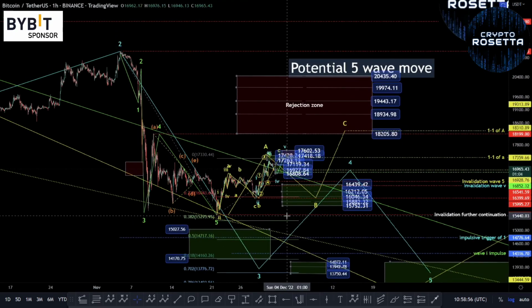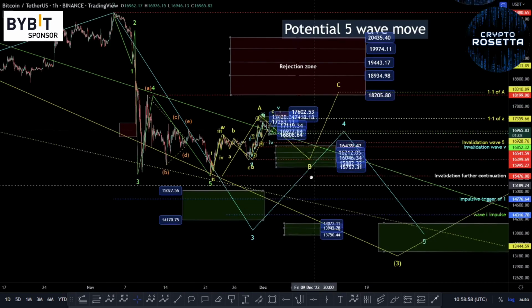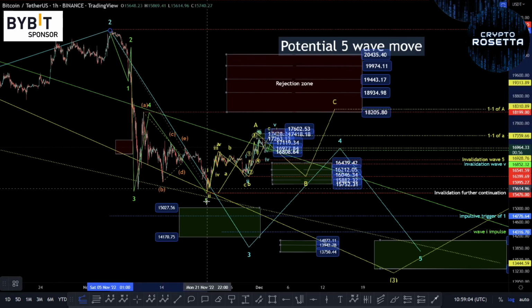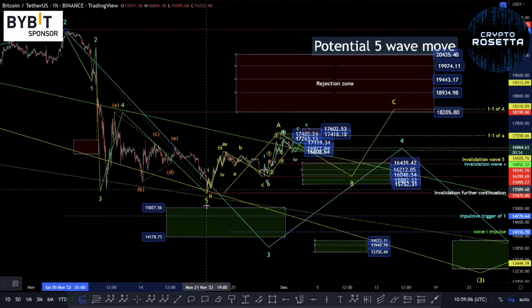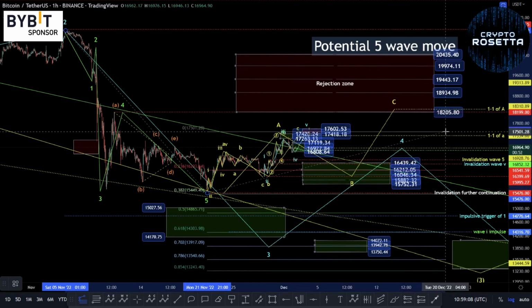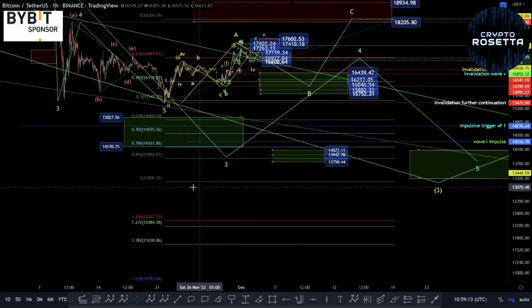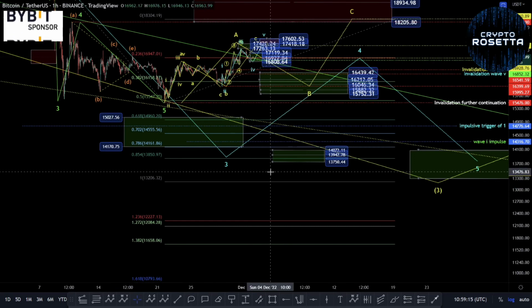And if that is the case, if I just measure this off, we would be looking for, if we move up to this 1-to-1, then we could be looking for a move down to this 13,206 area.